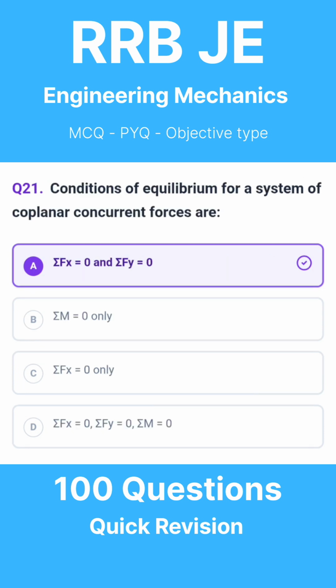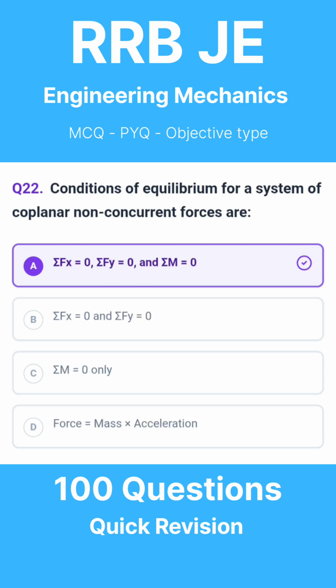Conditions of equilibrium for a system of coplanar concurrent forces are. The correct answer is sum of Fx equals 0 and sum of Fy equals 0. Question 22. Conditions of equilibrium for a system of coplanar non-concurrent forces are. The correct answer is sum of Fx equals 0, sum of Fy equals 0, and sum of M equals 0.